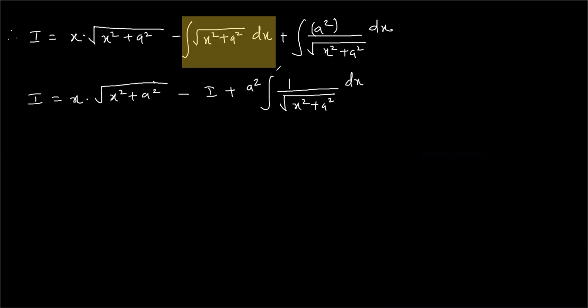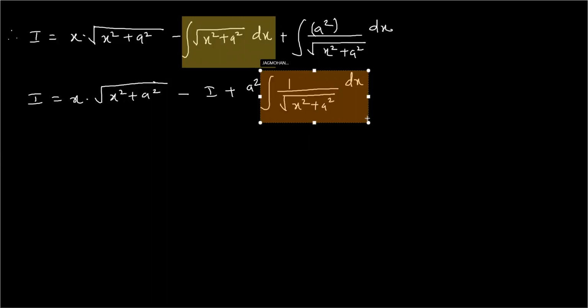Now look at this. You are already familiar with this integral. It is from set 2: integral 1 over square root of variable square plus constant square, where the variable is x. So we will use that. Since we have already done this result, we can directly use it.